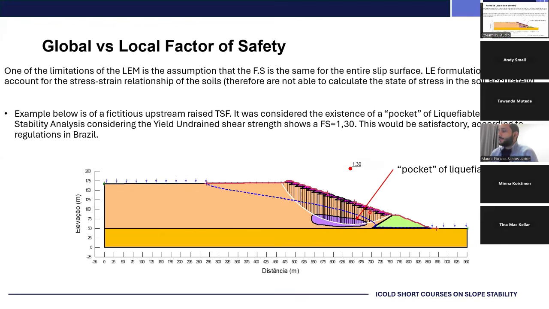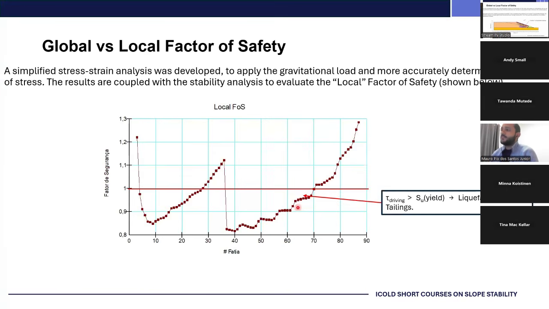And then I went into the sigma stress approach in GeoStudio, and I calculated the in situ shear stresses in the tailings, and looked into the local factor of safety. If you take the base of each of those slices, you can see the shear stress that is mobilizing the slice, the shear strength as well, and see what the factor of safety is. And you're going to see a region where that pocket of material is, where the factor of safety is below 1.